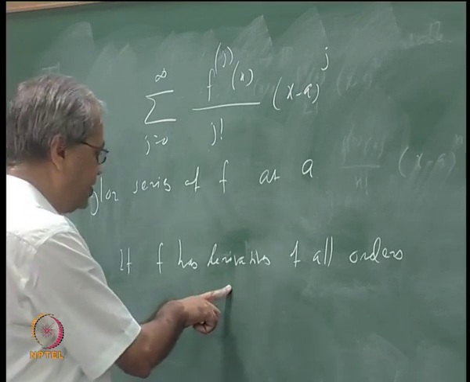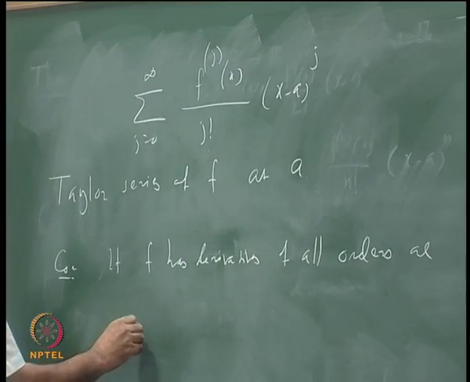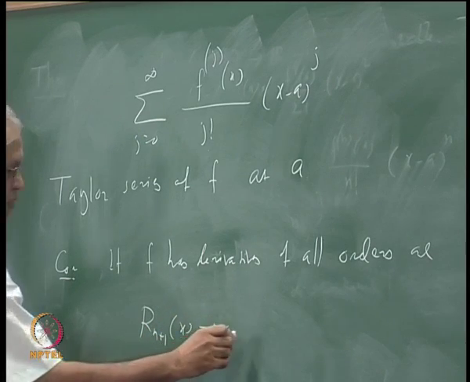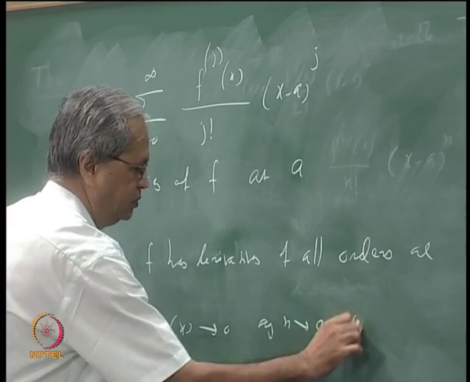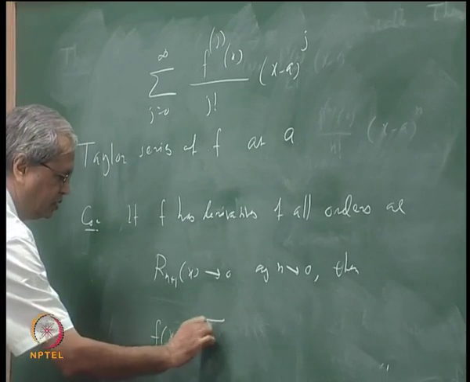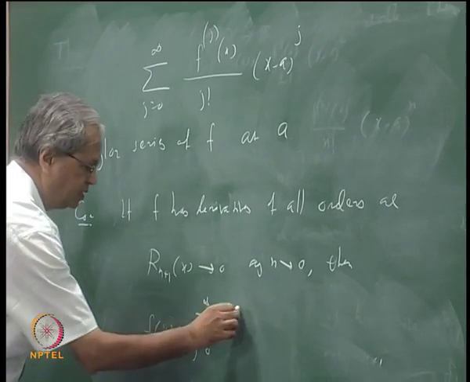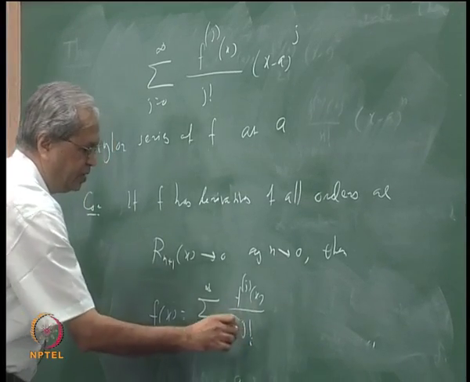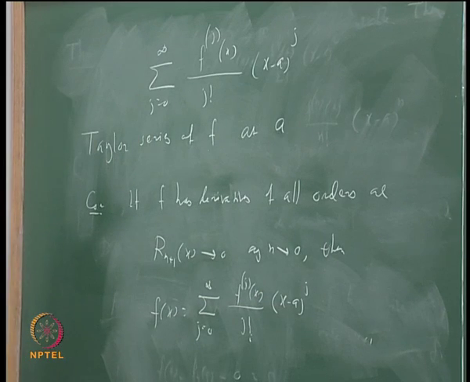So f has derivatives of all orders and this R n plus 1 x tends to 0 as n tends to infinity, then f x is equal to this sigma j going from 0 to infinity, f j a by factorial j multiplied by x minus a to the power j.